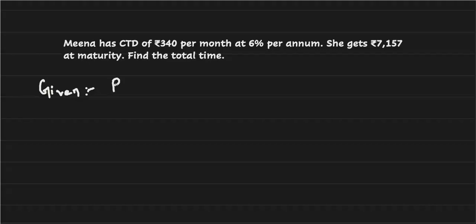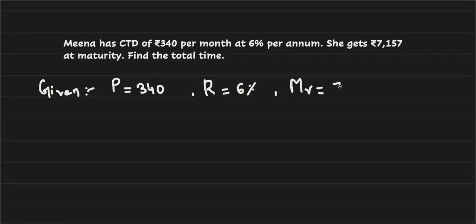P is given per month, she is paying 340, and R is given as 6%. Maturity value is given as 7157. And we are finding n.